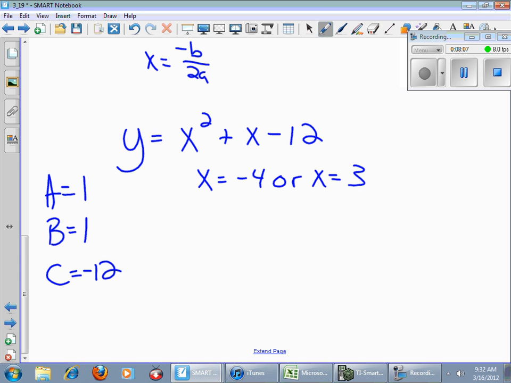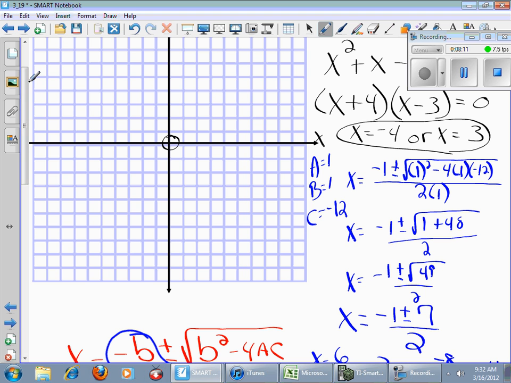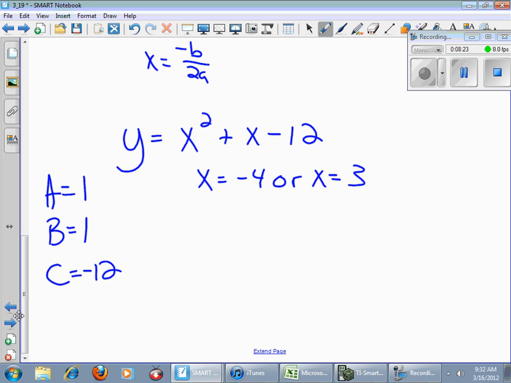I'm going to go up to my graph, and I'm going to plot a point where x equals -4, and another one where x is 3.